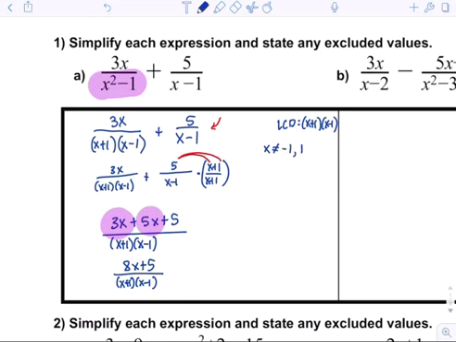The reason why is the denominator cannot equal 0, which means both of those factors cannot equal 0. And that would happen when x is -1 or x is 1. So there's that one.